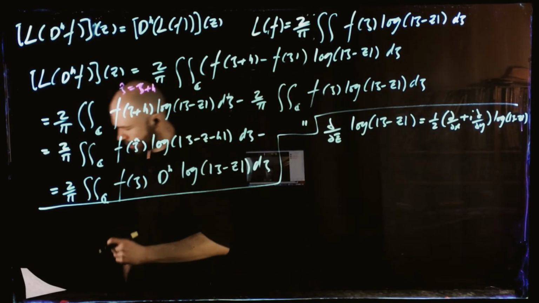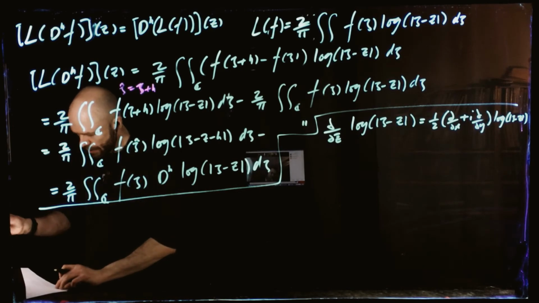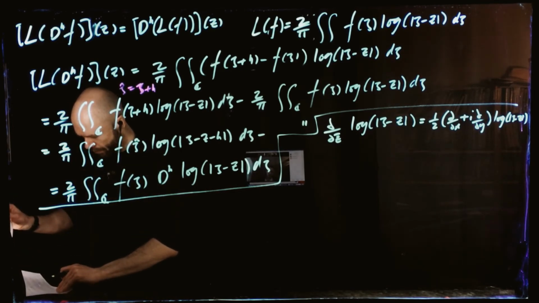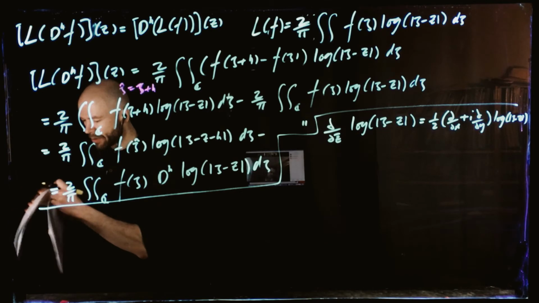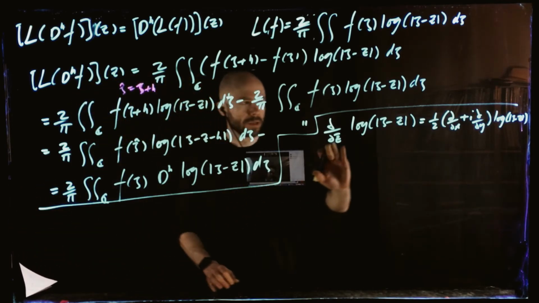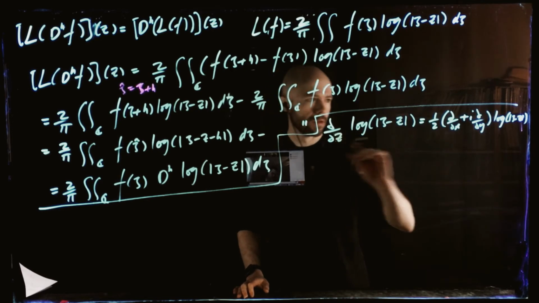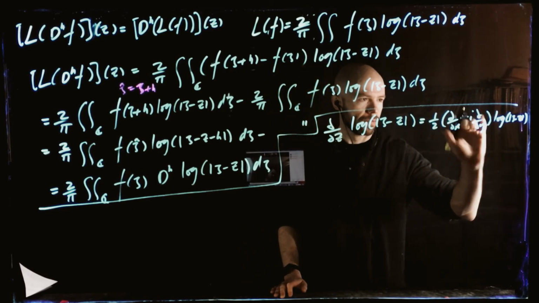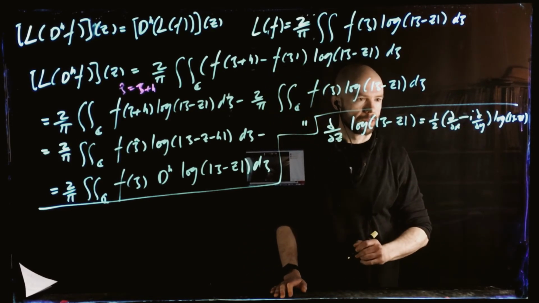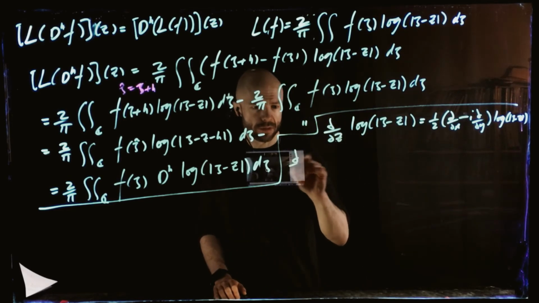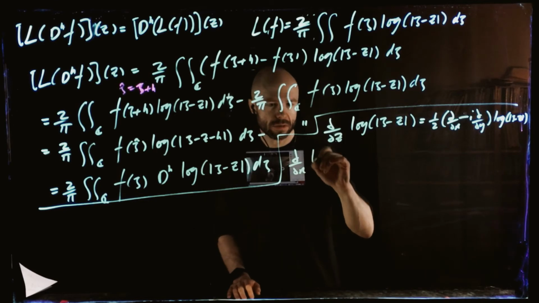Let me make sure I got that right. We're not going to do the z bar, we're going to do the z part. So we're going to do the z, and then it's a minus. Like this, yeah?